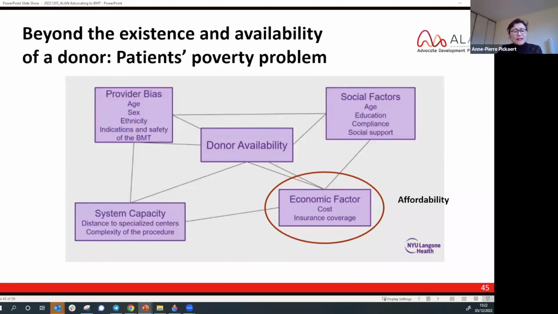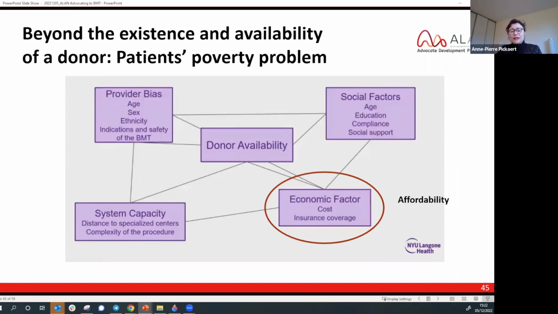So there's definitely the notion of differences between countries in access to bone marrow transplant itself. Some patients, even in countries where it is covered, just feel like they may not be able to go through it financially speaking.